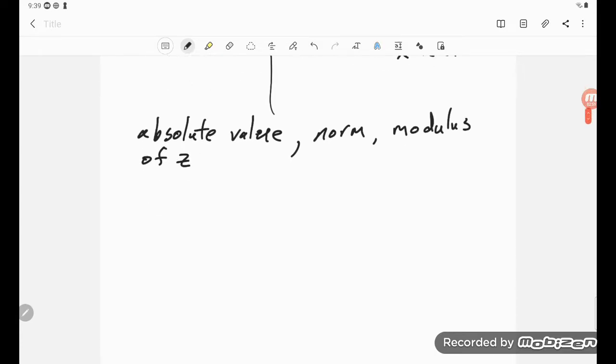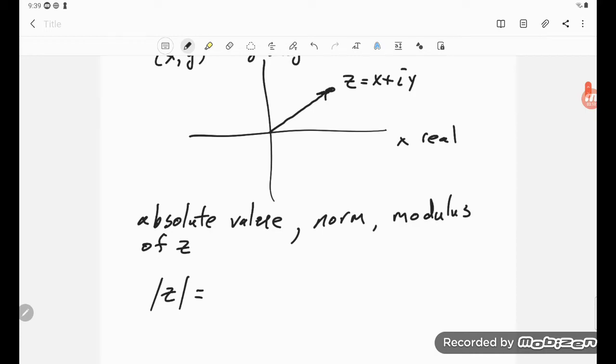In that case, we would say absolute value of z. Now, we could also call that the norm of z. If we're using the term norm a lot, we might use two lines on each side instead of one. But the absolute value of z is simply the Euclidean distance from 0, 0 out to the point.